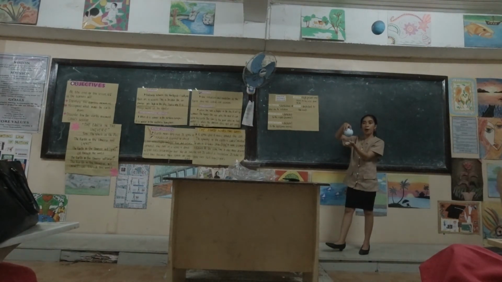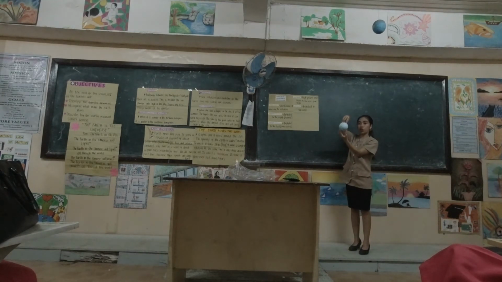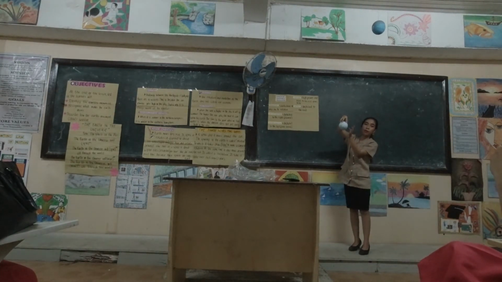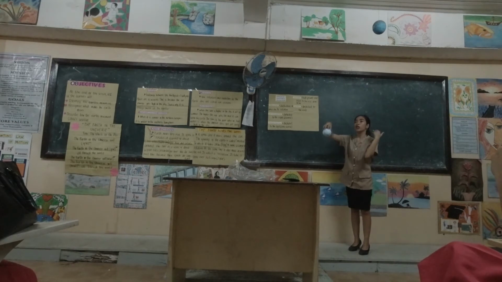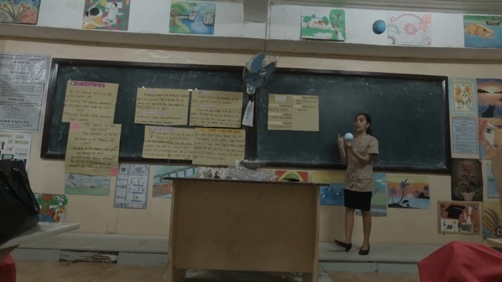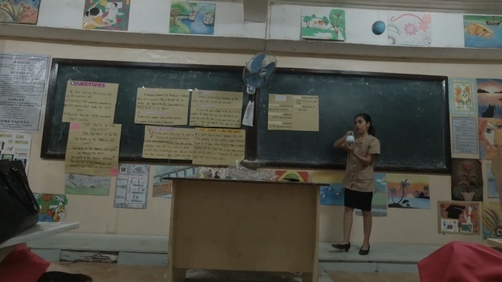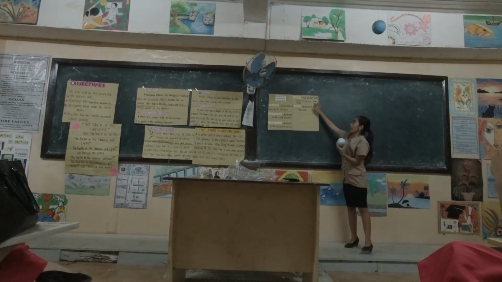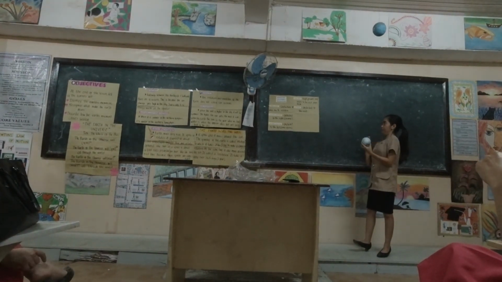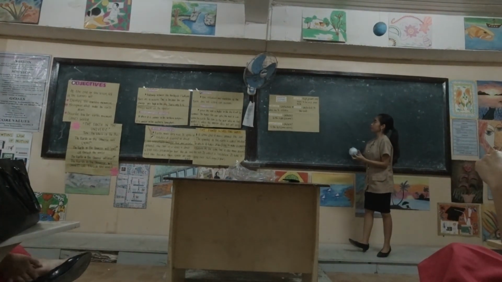Pag ganito kasi yung position ng Earth, andito yung sun, so yung heat ng sun is talagang sa North Pole lang, tsaka dito sa mga equator banda. Kaya nga, dito sa Philippines tropical yung ating klima. Ganun yun.